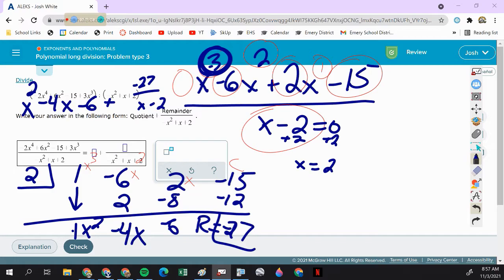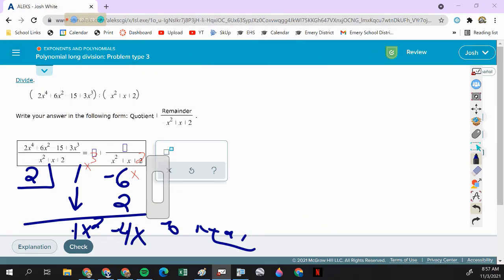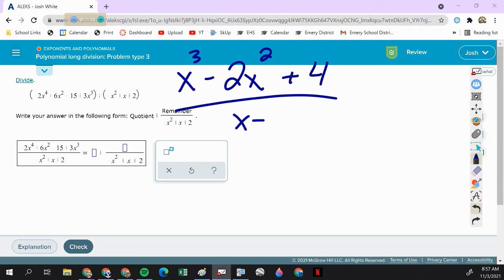Okay, let's do another one. Okay. Does the bottom meet the requirements for synthetic division?